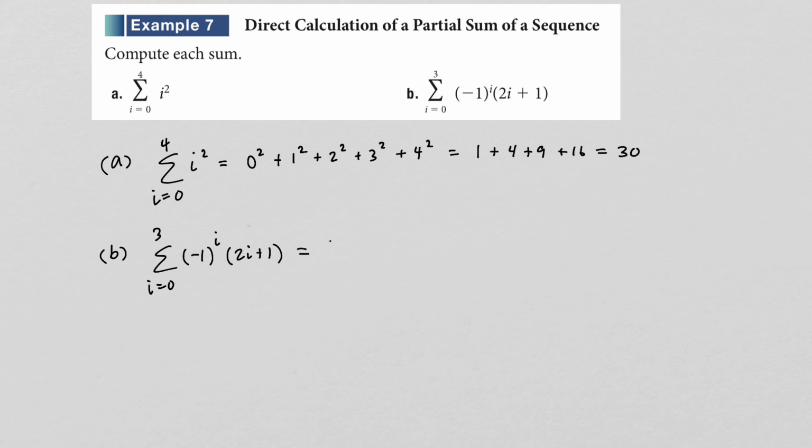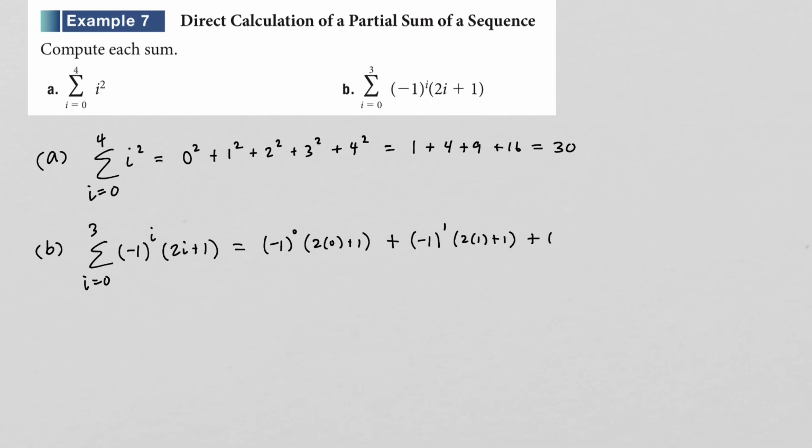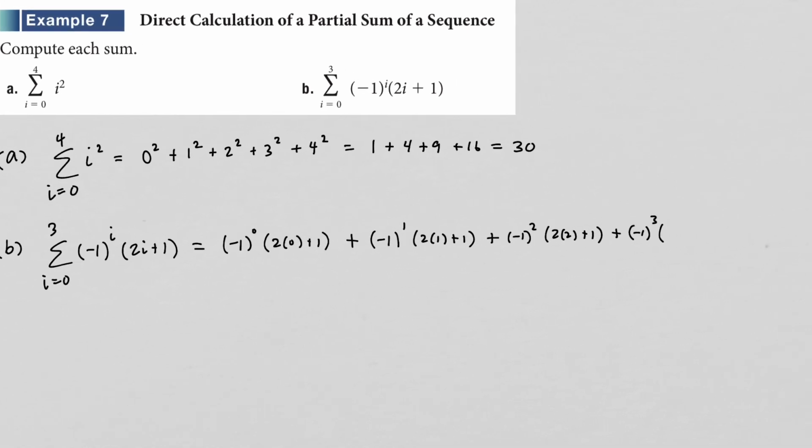So when we plug in 0, we get negative 1 to the 0 times 2 times 0 plus 1, plus, when we plug in 1, we get negative 1 to the 1 times 2 times 1 plus 1, plus, when we plug in 2, we get negative 1 to the 2 times 2 times 2 plus 1. And finally, we have negative 1 to the 3 times 2 times 3 plus 1.